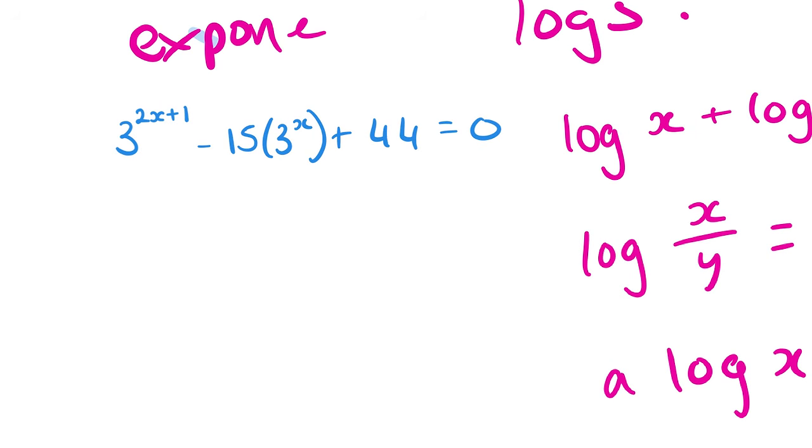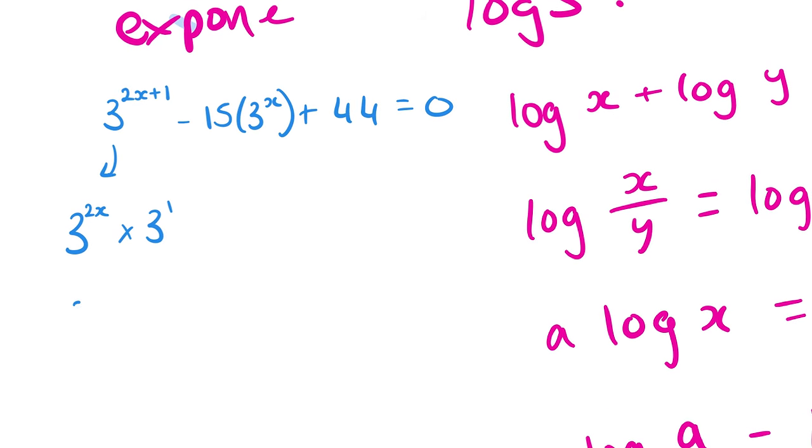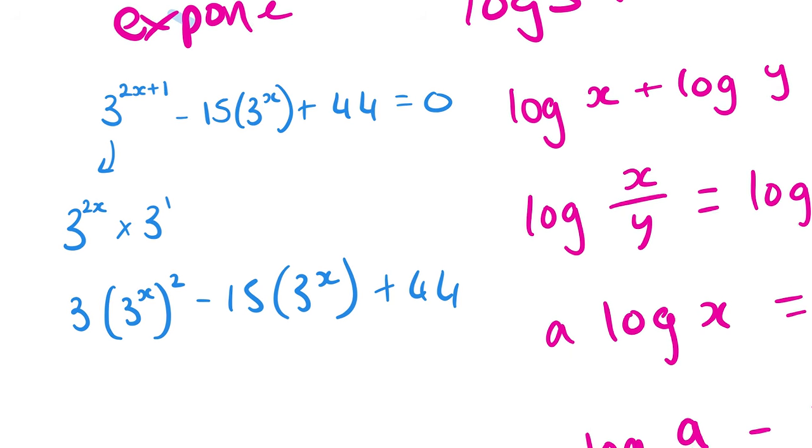Okay? Well, what does this even mean? First of all, we need everything in terms of 3^x. So with this one, 3^(2x+1), actually, this is 3^(2x) times 3^1. Remember that. So this is technically 3 lots of (3^x) squared minus 15 lots of 3^x plus 44.